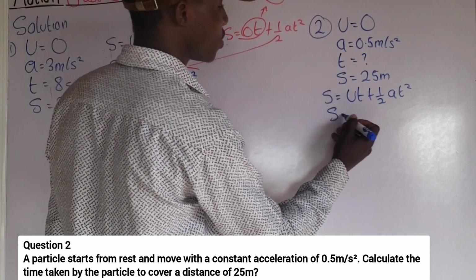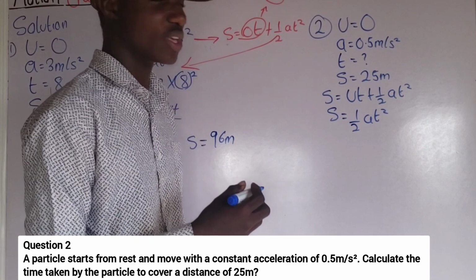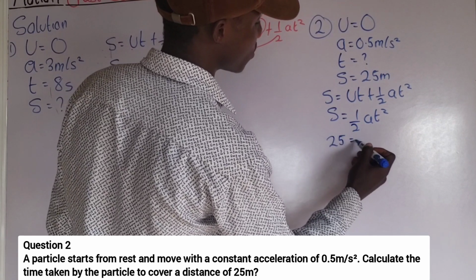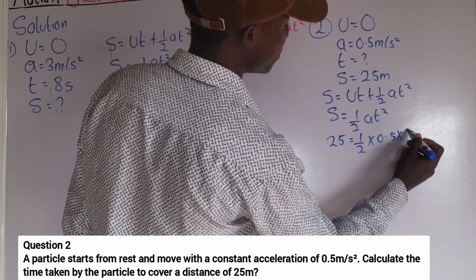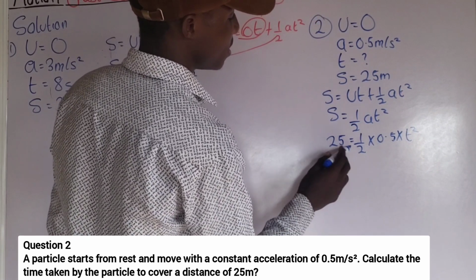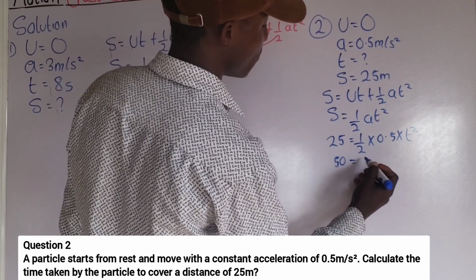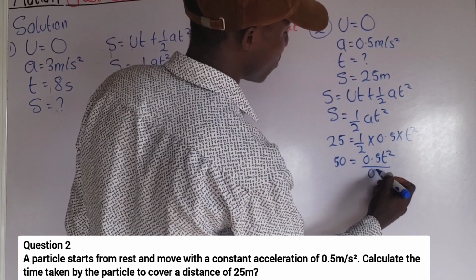So s will be equal to 1 over 2 at squared. s is 25, hence 25 equals 1 over 2 multiplied by 0.5 multiplied by t squared. Taking the cross product, we have 50 equals 0.5 t squared, divided by 0.5.